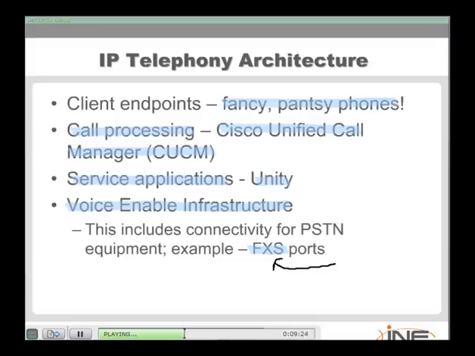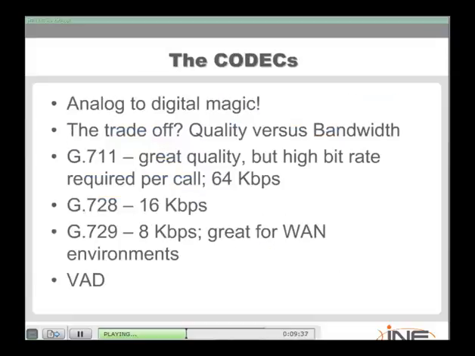Now, a very, very key technology that is required to make this VoIP thing happen is our codecs. The codec is the big magical ingredient for voice over IP working, one of the big magical ingredients of many that we'll talk about.